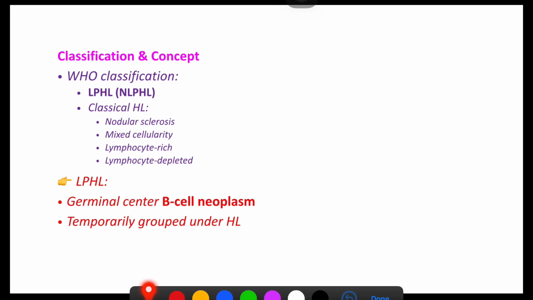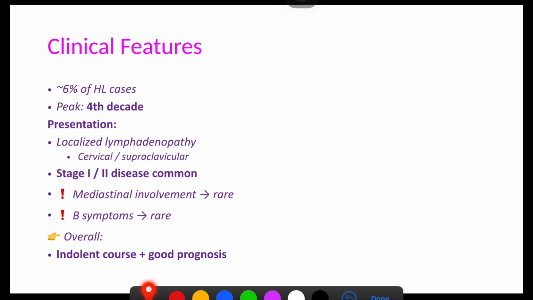Classification: if we see the WHO classification, there are two categories of Hodgkin's, nodular lymphocyte predominant Hodgkin's and classic Hodgkin's lymphoma. So this LPHL is a germinal center B cell neoplasm and is temporarily grouped under Hodgkin's lymphoma.